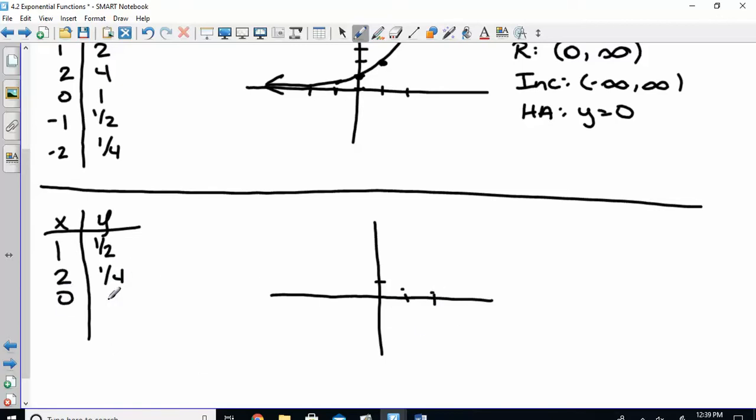If we put in a 0, 1/2 to the 0. We put in a -1. What's 1/2 to the -1? 2. If I put in a -2, 1/2 to the -2 would be a 4.